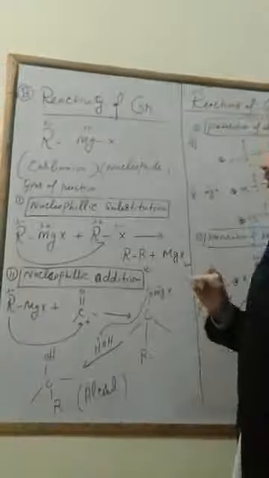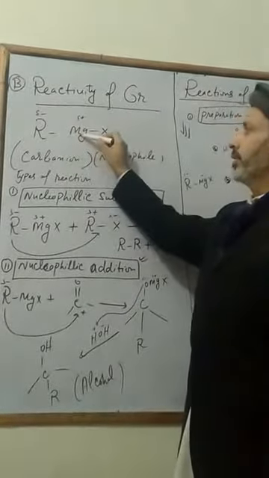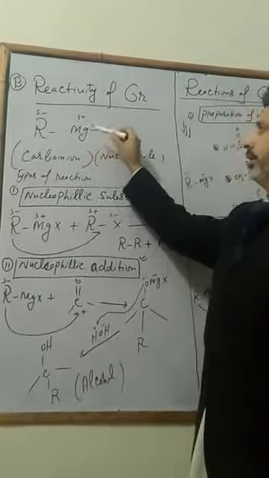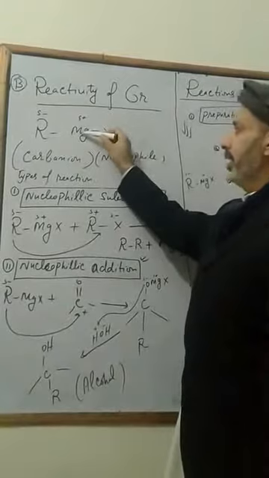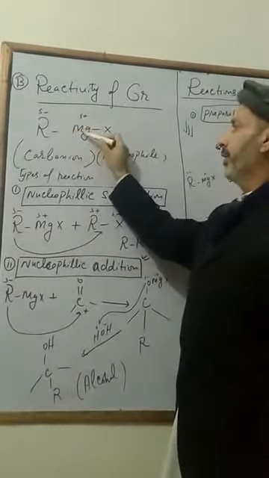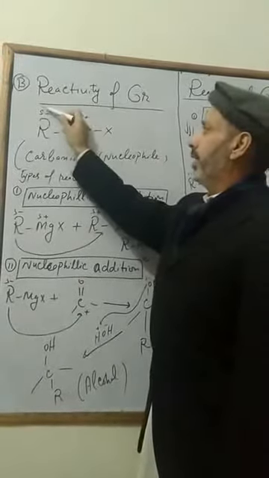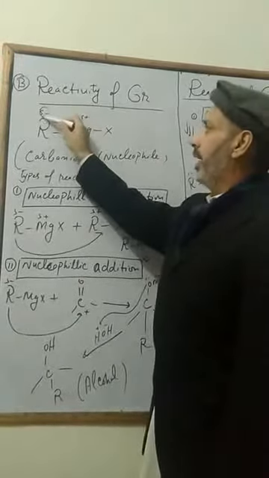This bond between carbon and magnesium is polarized because of the difference in the electronegativity of carbon and magnesium. Carbon has a slight negative charge, magnesium has a slight positive charge. Due to this negative charge on carbon, it acts as a carbanion.